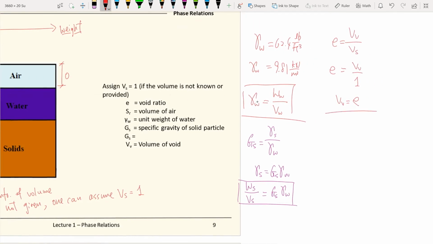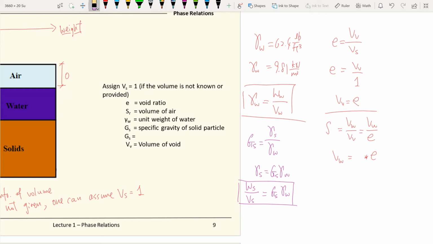Next, remember we also talked about saturation. The definition of saturation is the volume of water divided by the volume of void. And we just found out the volume of void is the void ratio. So now we can find out the volume of water is the saturation times the void ratio.